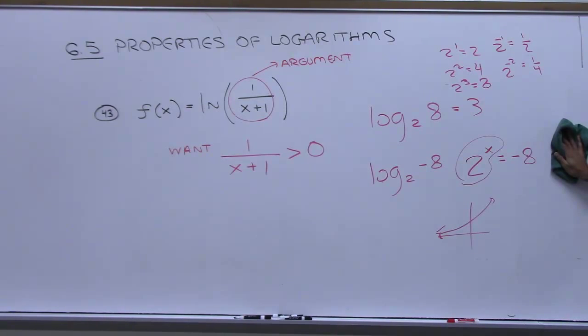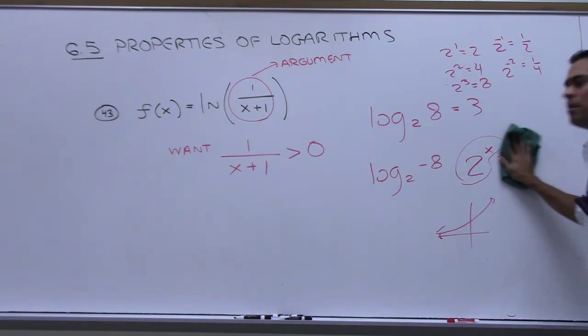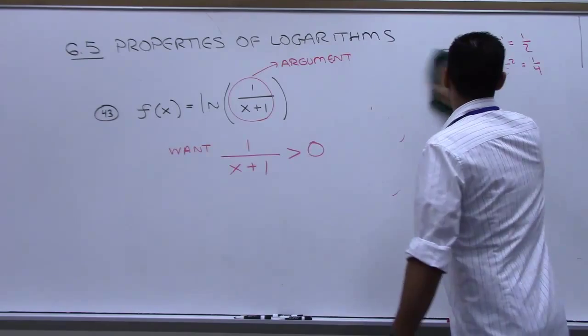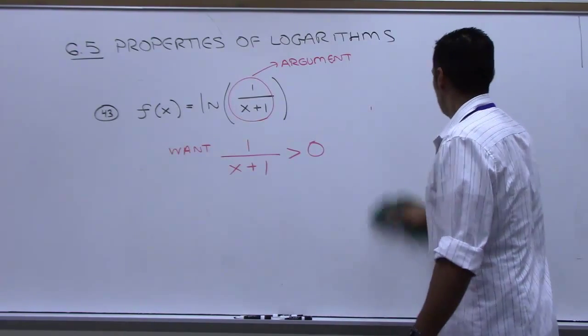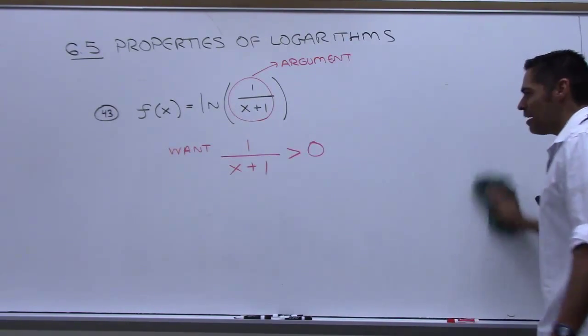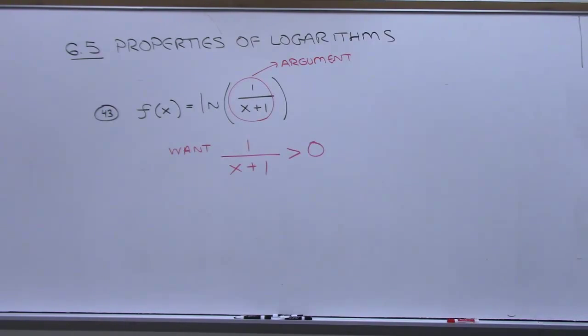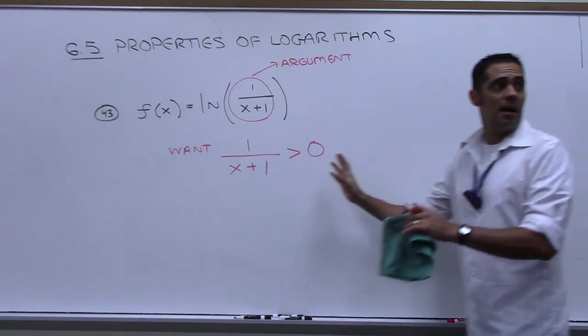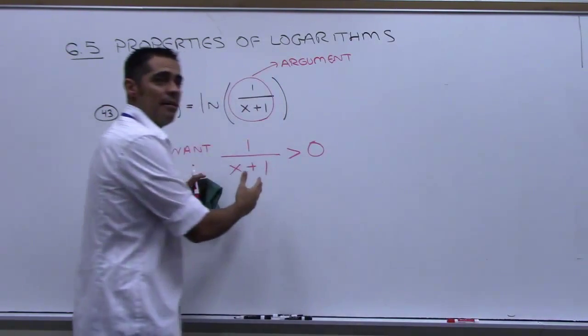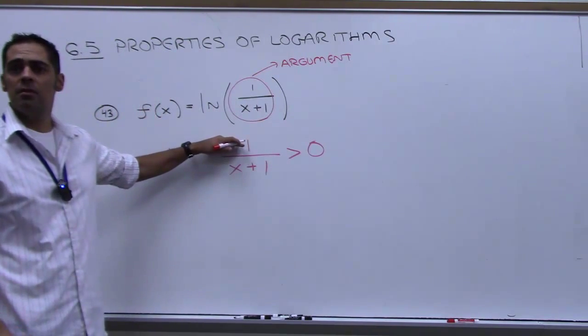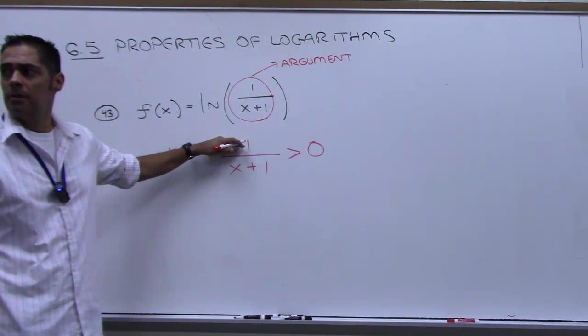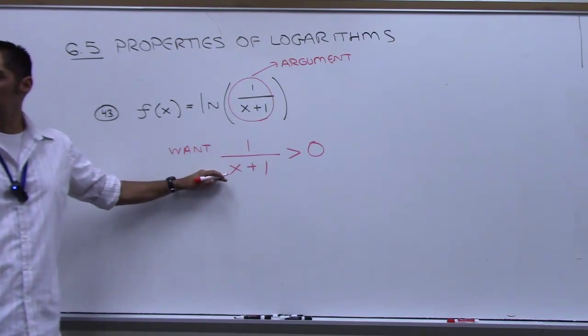We did this a while back. And this is part of the reason why, because we want to be able to resolve what the domain of a log function was. So how do we do the rational inequality? Anyone remember how we do this? Okay, so we move everything over to one side. We get a common denominator, which we already have. We figure out where the top is 0, which doesn't happen. We figure out where the bottom is 0, which is what?